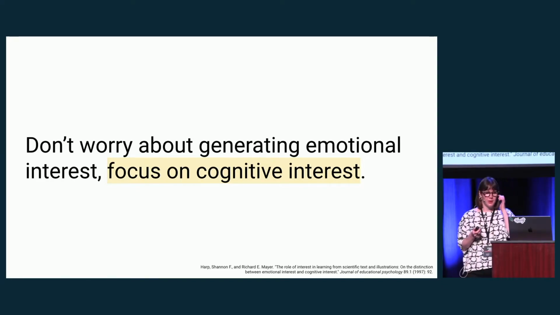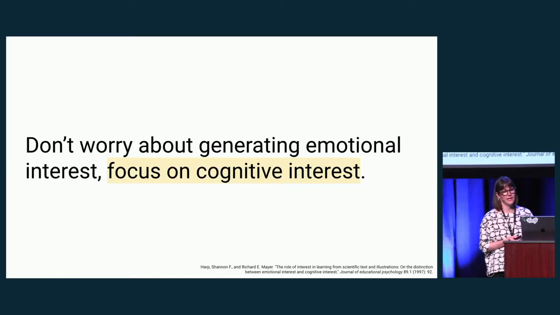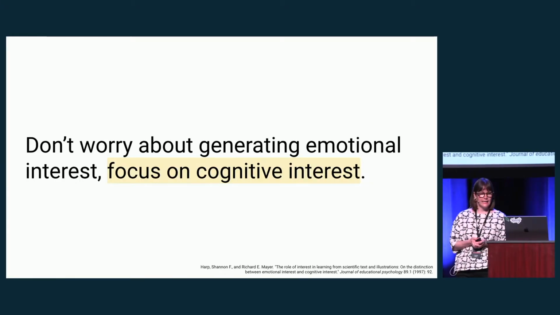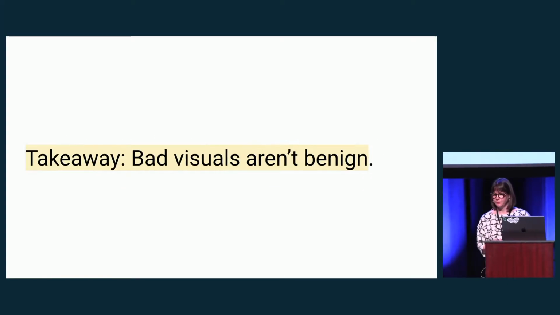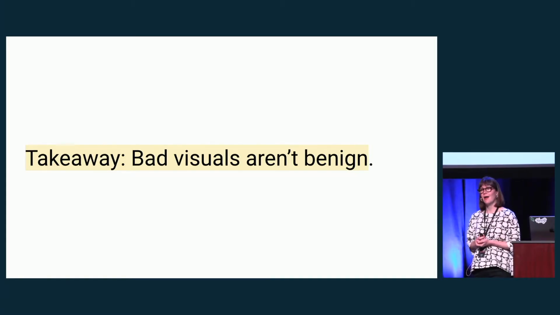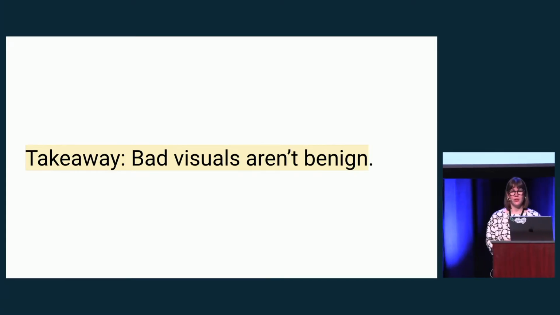Added material that promotes cognitive interest can include explanative summaries, highlighting key steps, pointing out aspects of the cause and effect chain. So the takeaway of this section is bad visuals are not benign. They interfere with the learner's ability to build connections between new information and prior knowledge.